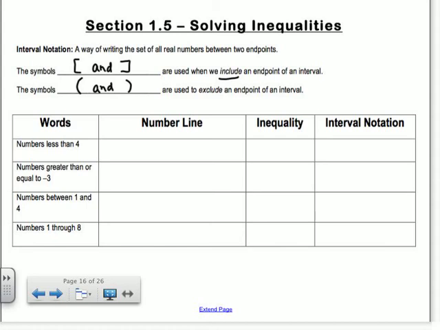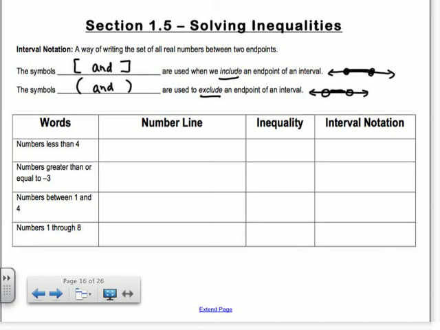Okay, so what that means is if I had a number line and I wanted to include the endpoints, I fill in the endpoints. If I didn't want to include the endpoints, I'd have open circles there. So open circles go with parentheses, closed circles go with brackets.